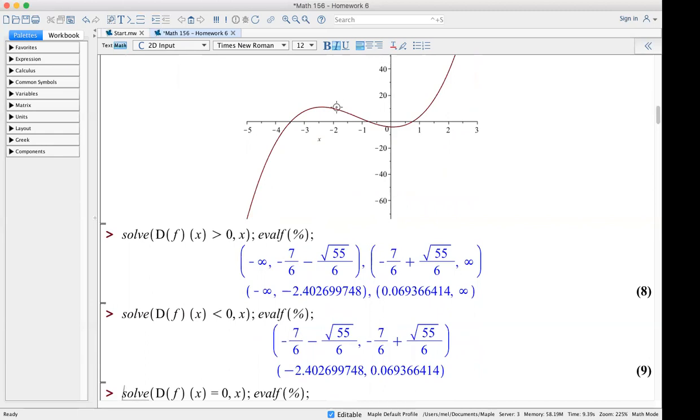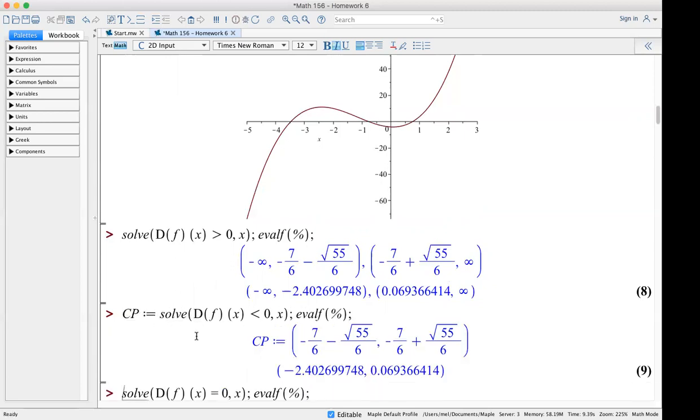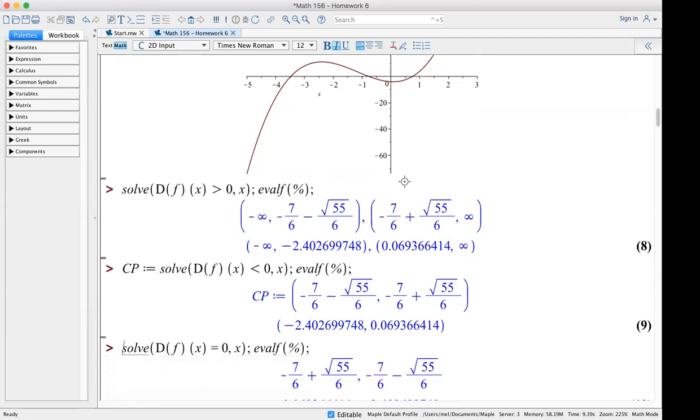In this interval, you can see on the graph, the function is decreasing. Where are the critical points? At these two numbers. Minus 2.4, that's this relative maximum, and 0.069, that's the relative minimum.